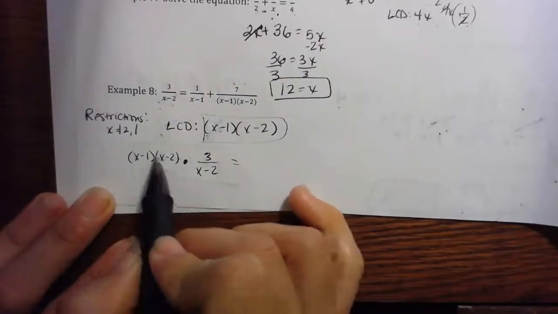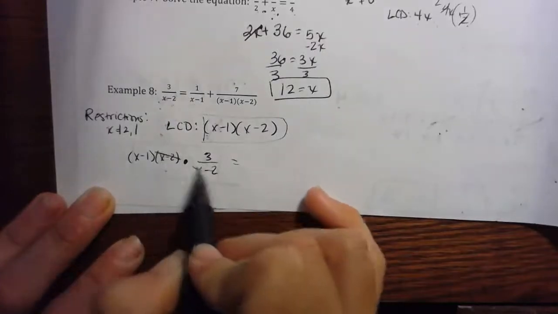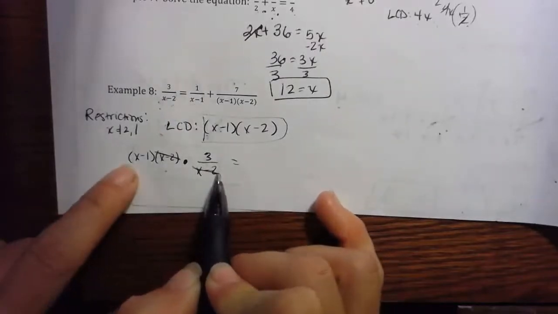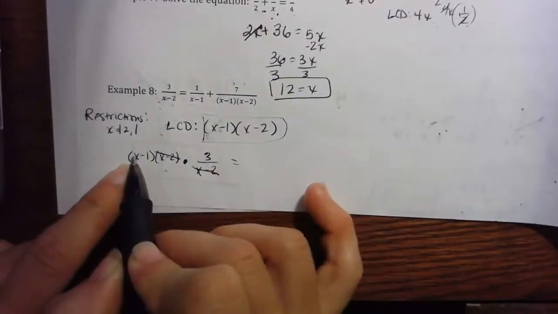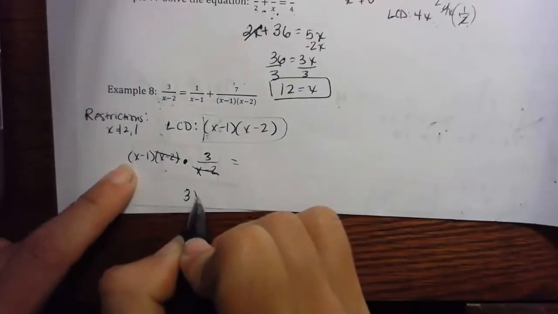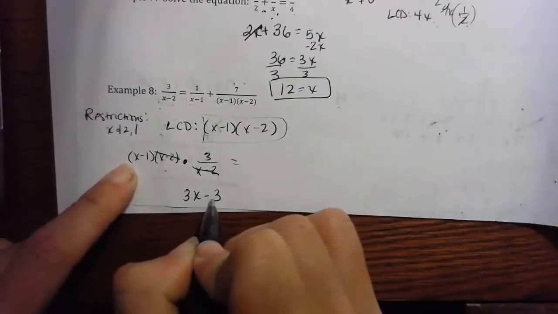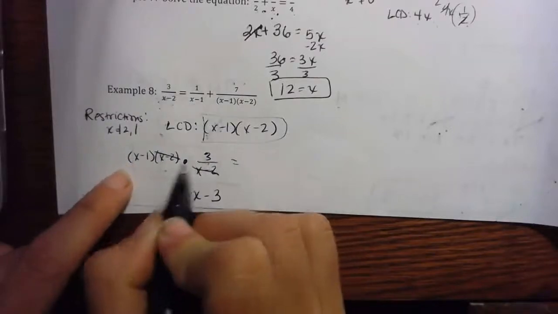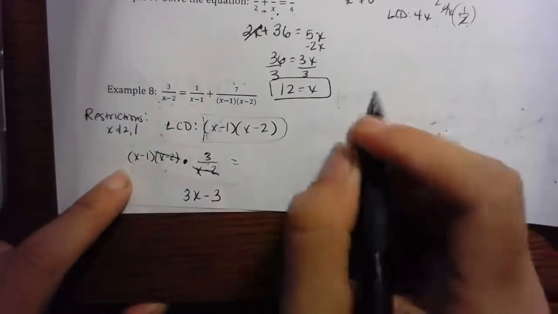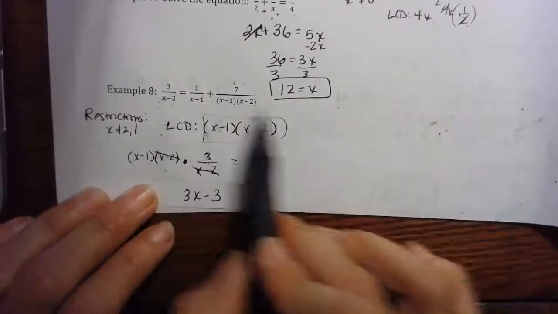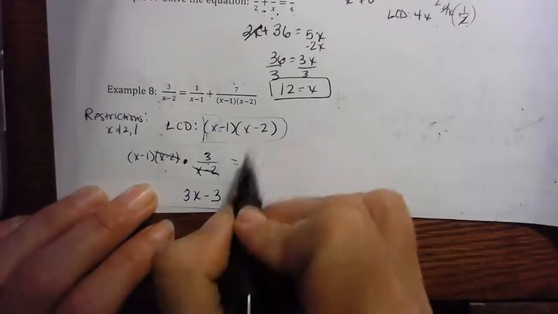Well, the x minus 2's are going to cancel, and I'm going to end up multiplying 3 by x minus 1. I end up with 3x minus 3 because you distribute that 3 to the x and to the negative 1.